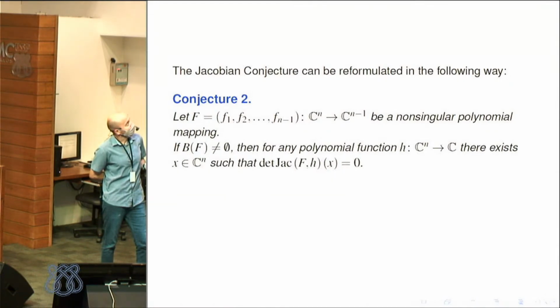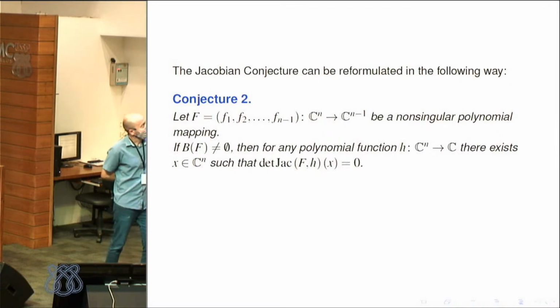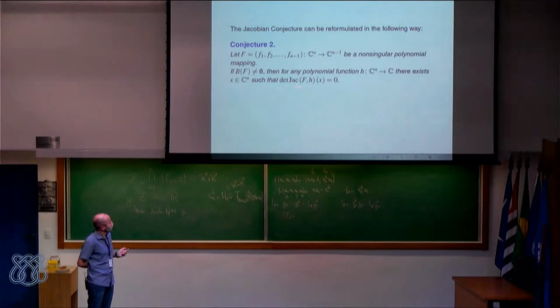Conjecture 2 says: if you take a polynomial map F from Cn to Cn-1 for any n, if the bifurcation set of F is not empty, then for any polynomial function H from Cn to C, the mapping (F, H) has a critical point. That is, the determinant of the Jacobian of (F, H) is equal to 0 for some x in Cn.